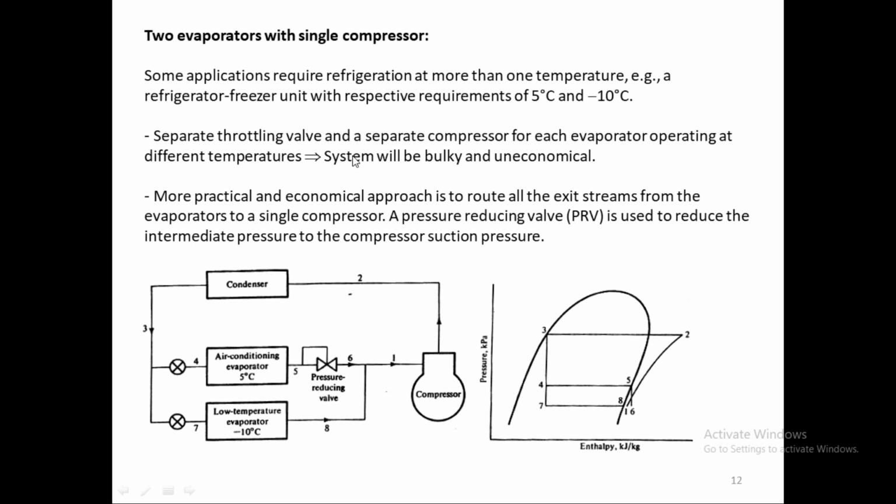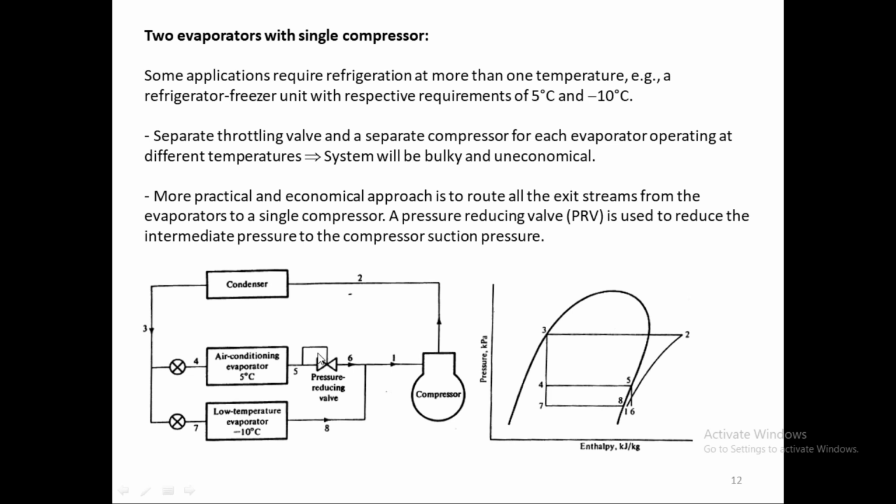So instead of doing that, a more practical and economical approach is to route all exit streams from the evaporators to a single compressor. A pressure reducing valve, PRV, is used to reduce the intermediate pressure to the compressor suction pressure.